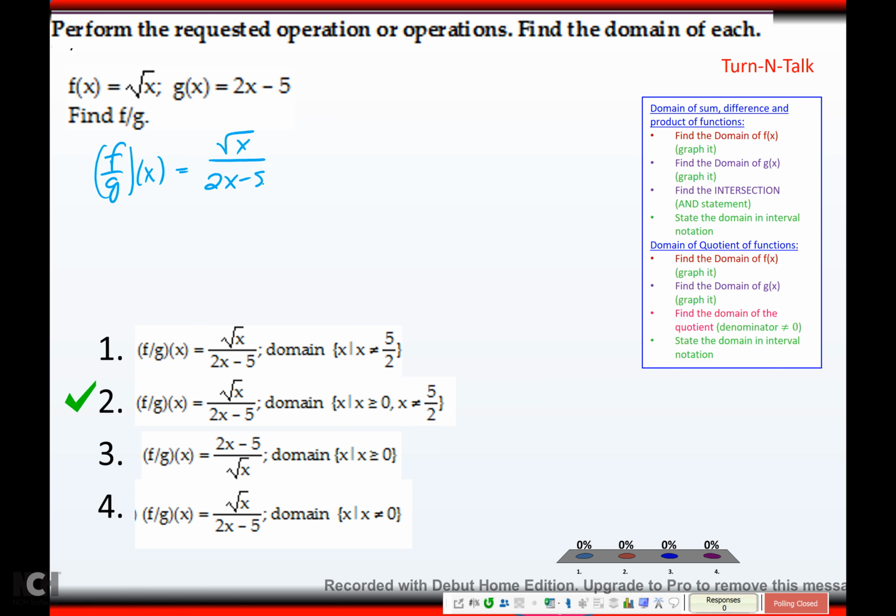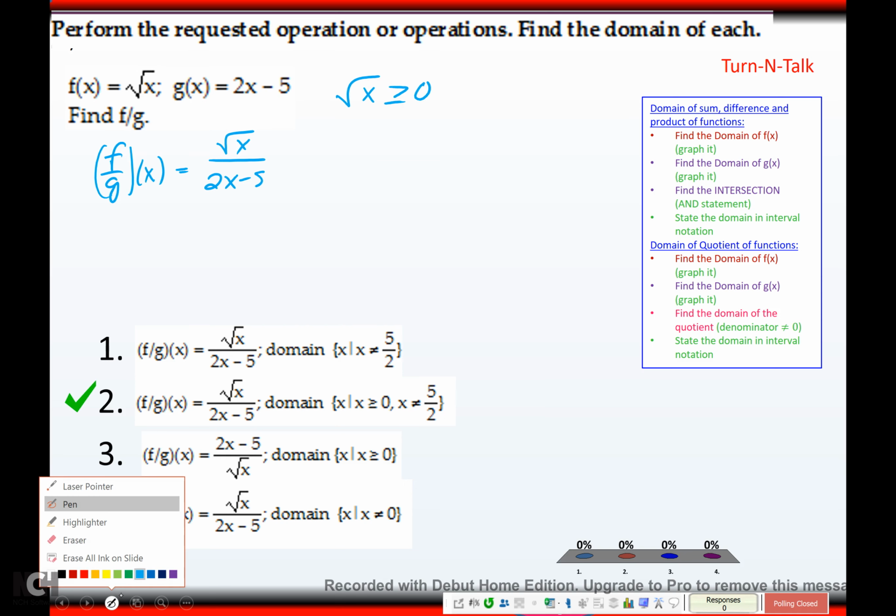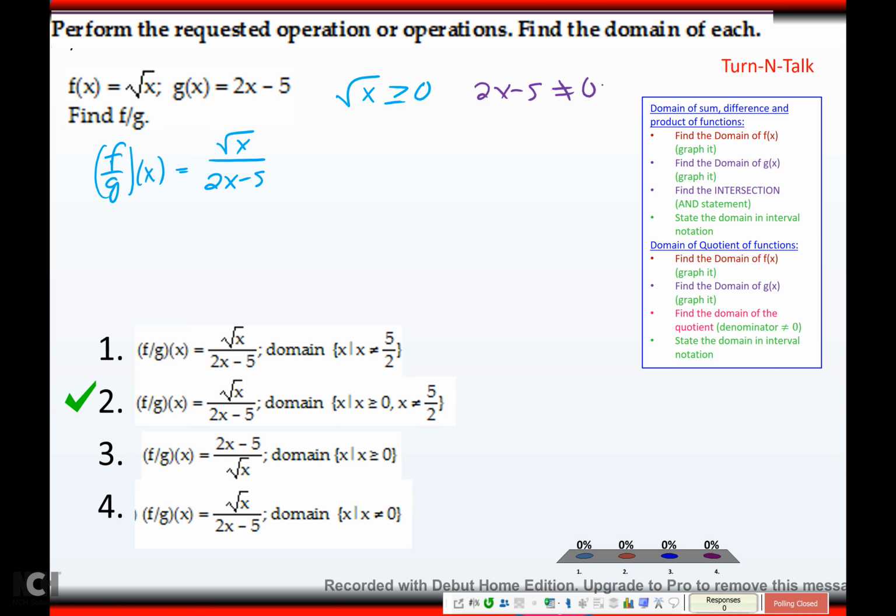And I can't simplify. You can't divide a square root by a linear. So as far as math goes, I'm done. But the domain, we've got 2 sets of drama. We've got Mr. Radical that must always stay positive, and we have Mr. Denominator who may never equal 0.